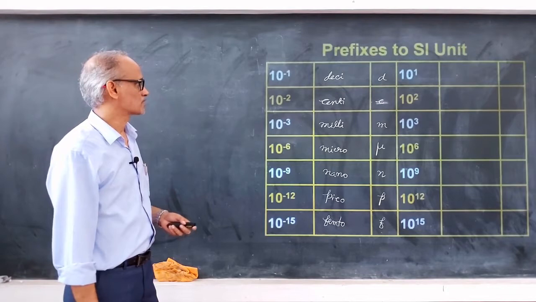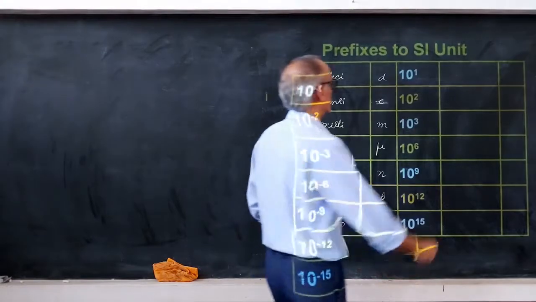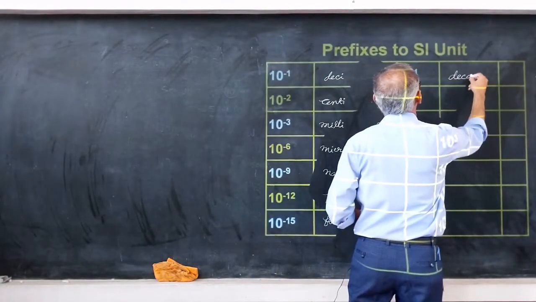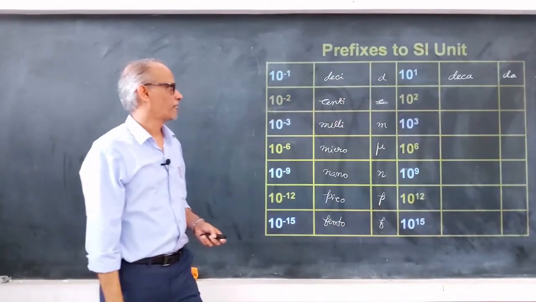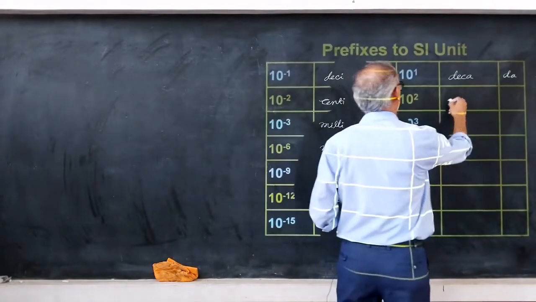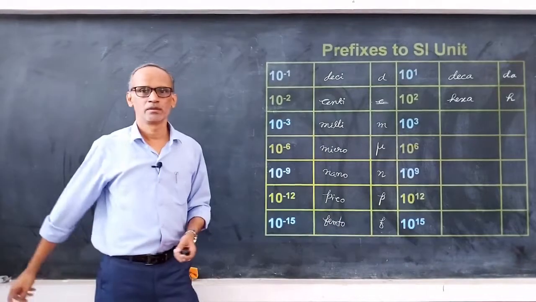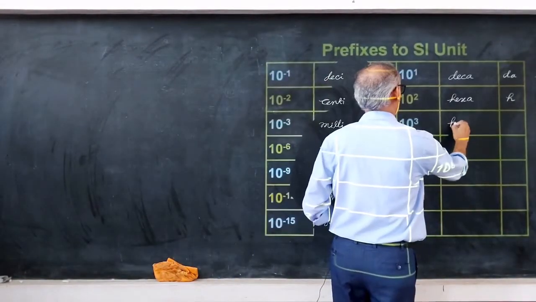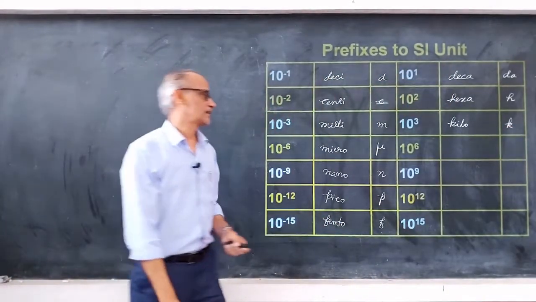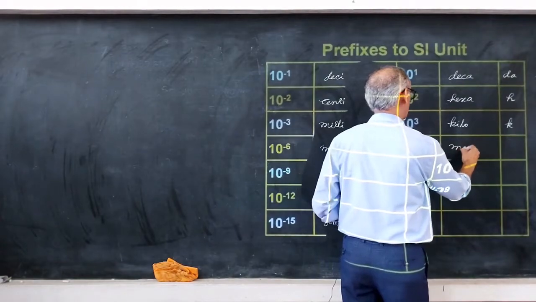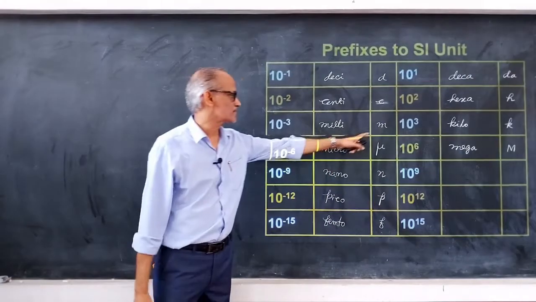Now what are the prefixes used? For 10 to the power 1, it is deca. So da is the symbol used for it. 10 to the power plus 2 is hecto, which is h. 10 to the power 3 is kilo and small letter k. 10 to the power 6, just now I had given mega, and it's capital M because small m is already used for milli.